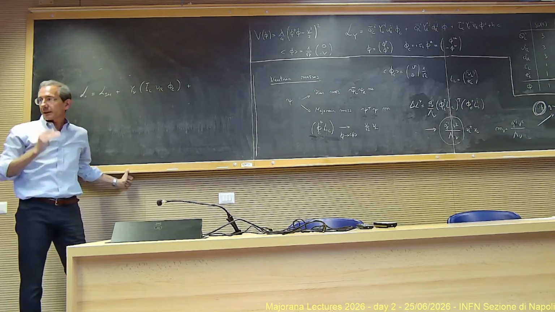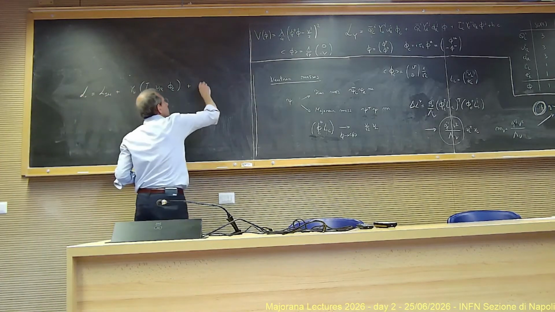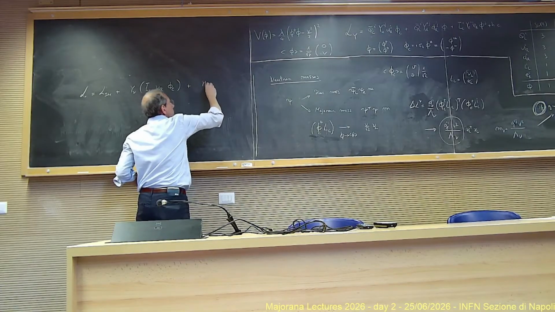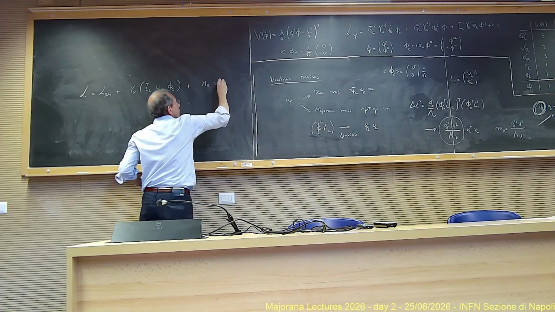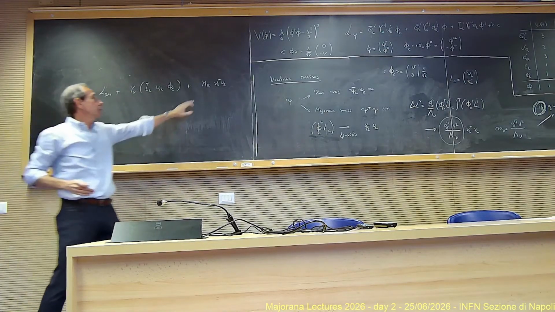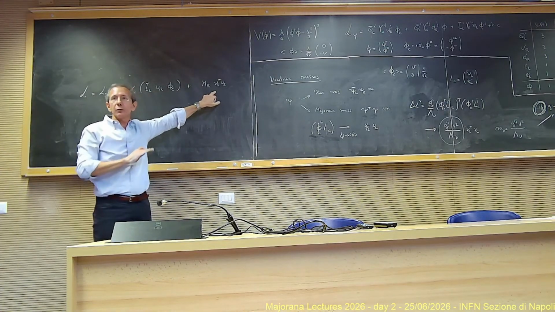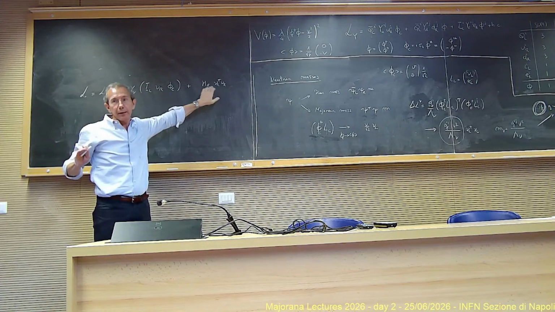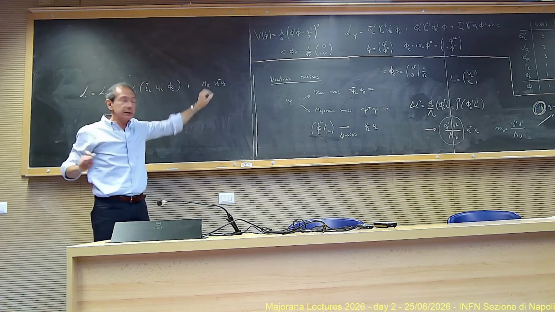So I'm going beyond the standard model. Therefore, I can add a Majorana mass term for this. You're right, because now this is an object which is, as we remember yesterday, totally neutral. So I can put a Majorana mass term without violating anything.